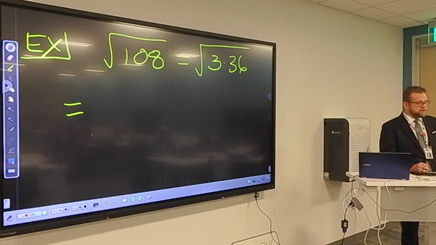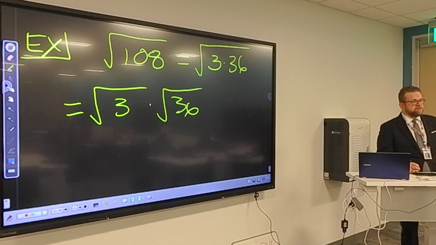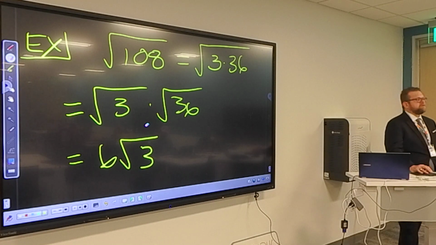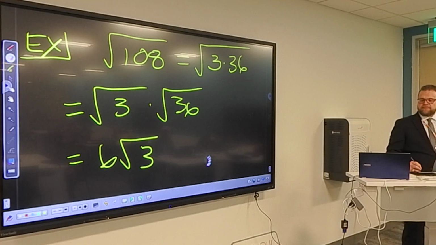And then I can say, well, that's the square root of 3 times the square root of 36. Now, do we know the square root of 36? Yes, it is 6. So our answer here would be 6 square root of 3. It's customary to write the integer in front of the radical.